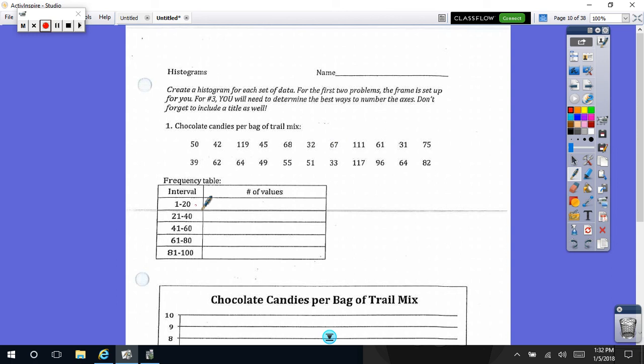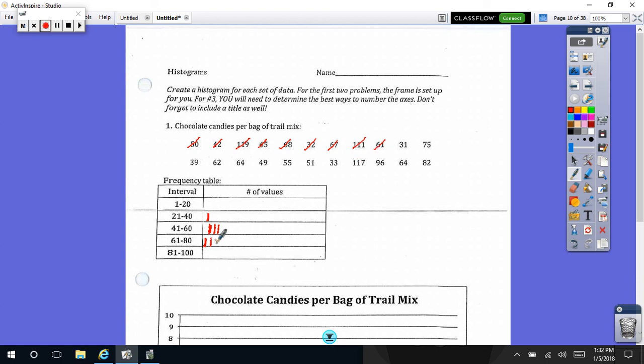It looked like this. So the first thing we're going to do is take these numbers and basically give a tally in the category that it belongs to. So 50 would go right here in this category, between 41 and 60. 42 would also go in that category. 119 isn't even on this chart, so he just gets eliminated. 45 is in this category. 68 is the next step. 32, y'all see what's happening here? Just keep tallying it up.